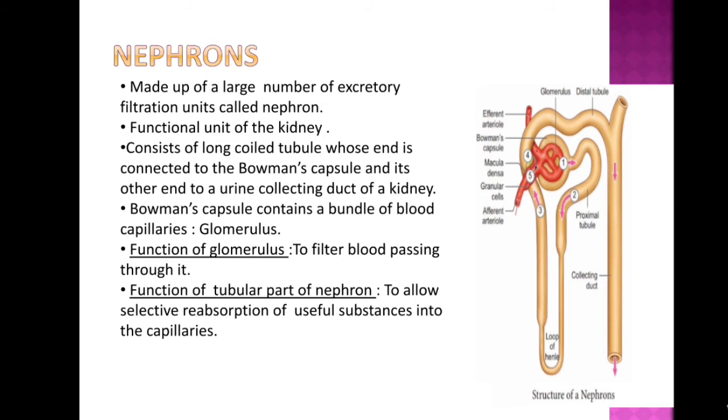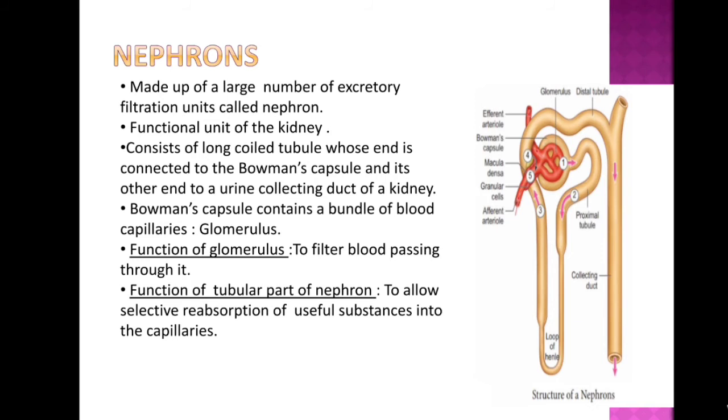So in the figure you can see which one is the Bowman's capsule, then which one is the collecting tube. Here the Bowman's capsule contains a bundle of blood capillaries which is called glomerulus. The red one in the figure is the glomerulus.